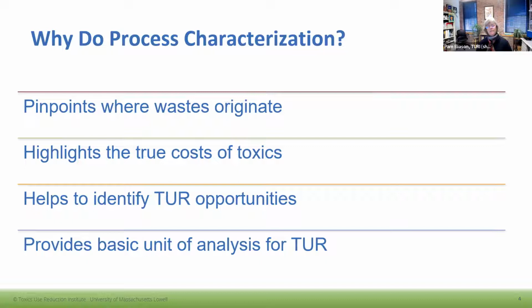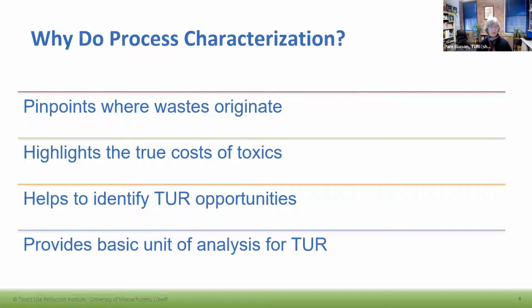It really helps you to identify what the true cost of using toxic chemicals is. And that's very important when it comes to evaluating the economic feasibility of switching to a different alternative or changing your process. So the process characterization piece can really help in highlighting what those true costs might be.